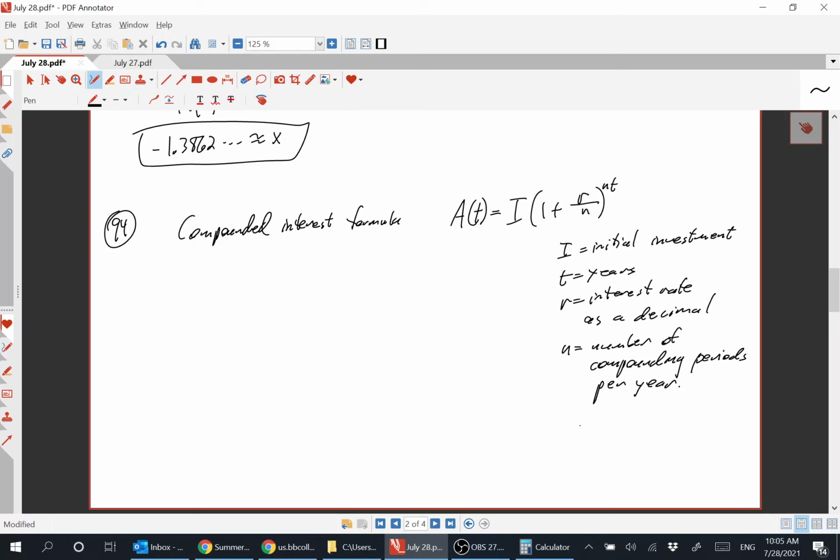N equals the number of compounding periods per year. So number 94 asks, how long does it take, or no, I'm sorry, 94 is not a great problem. So 93 is about doubling.